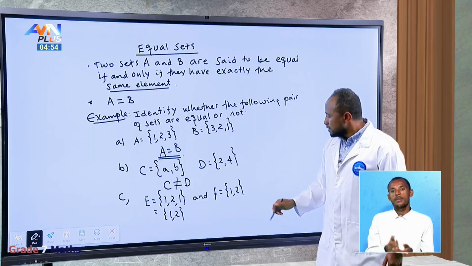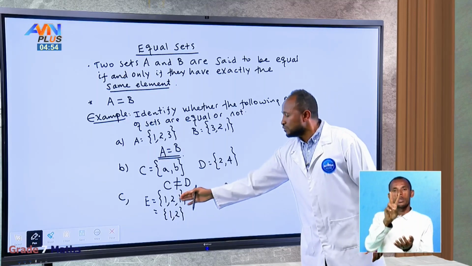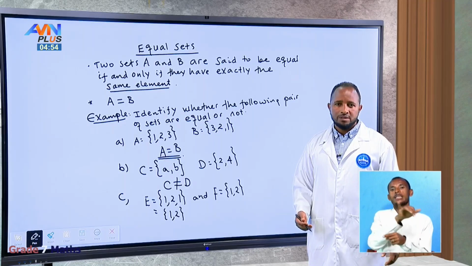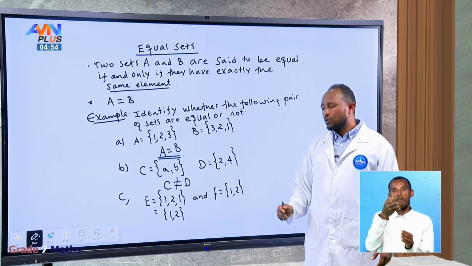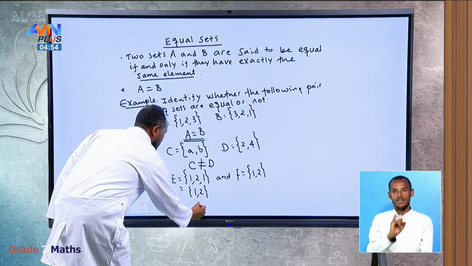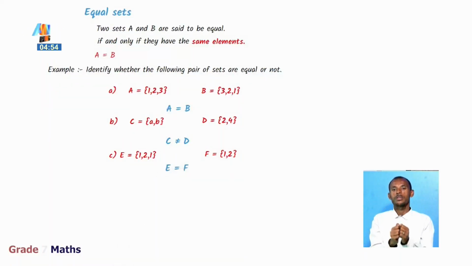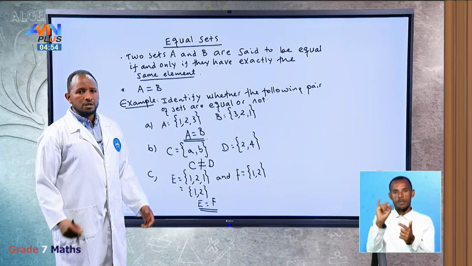And set F also contains 1 and 2. So these two sets have exactly the same elements. Therefore, set E is equal with set F. That's it. Now, let's proceed to the second concept about equivalent sets.